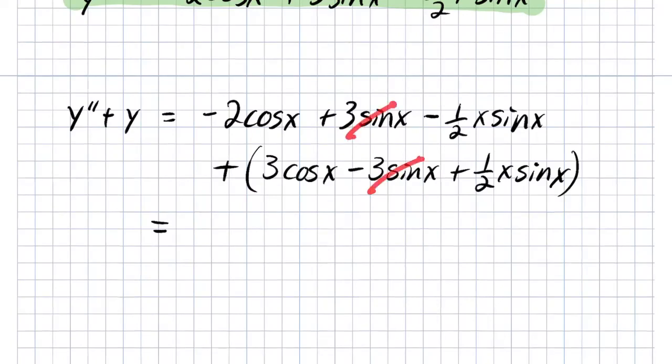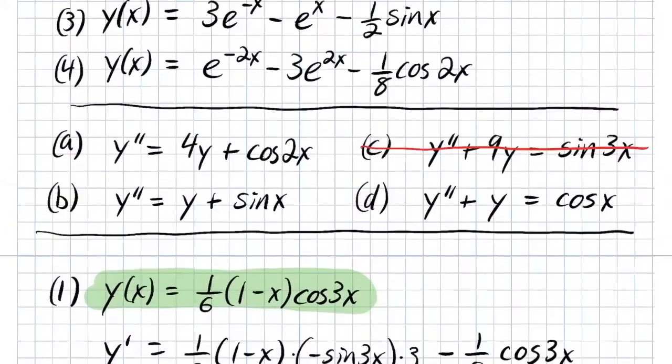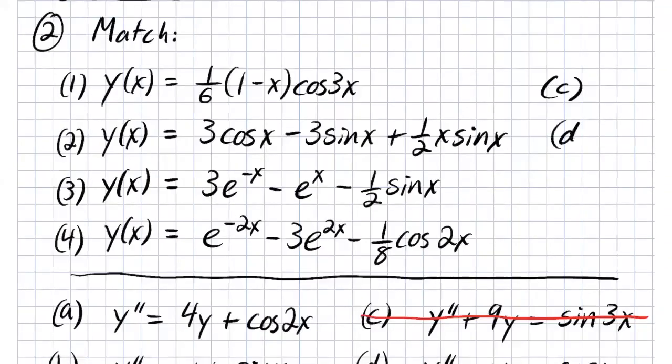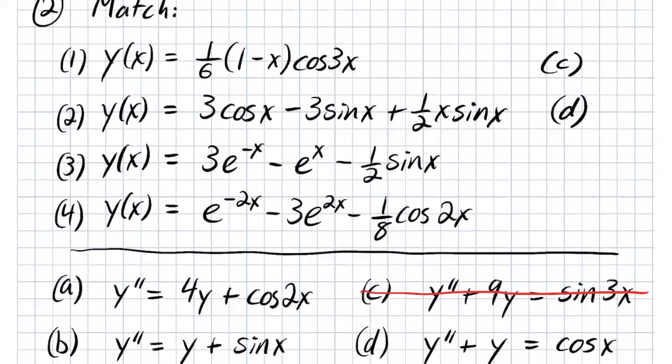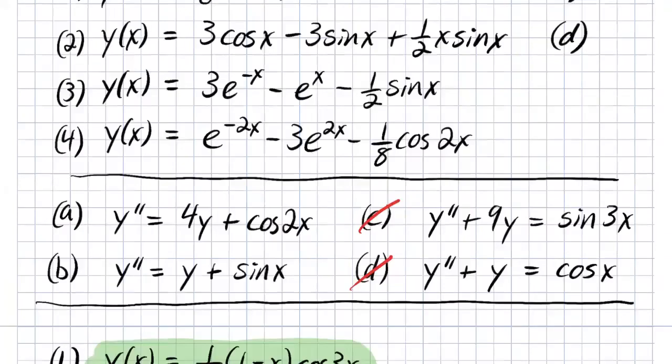So that cancels that, and that cancels that, and then we're just going to be left with 1 cos. So it'll be cosine x. So let's see, is that what we have there? Yeah, that is it. Okay, so that one is D. And we'll cross that one off. Okay, perfect. All right, next one.